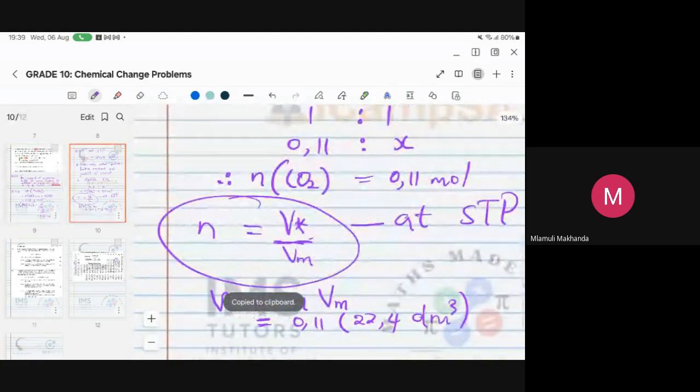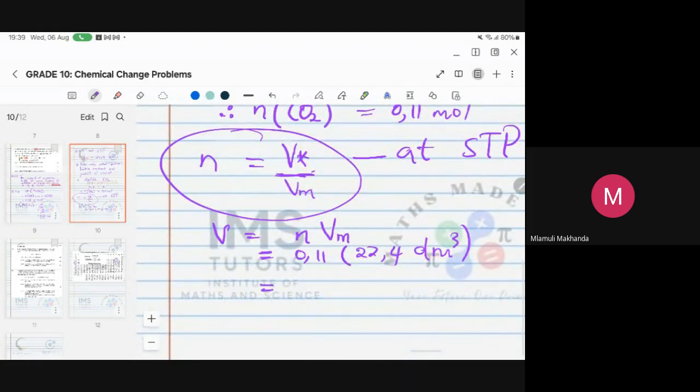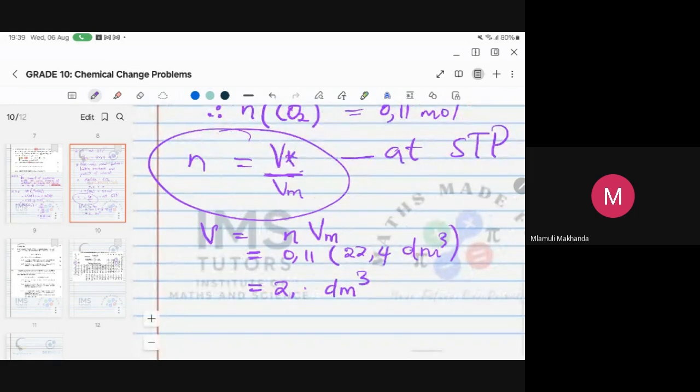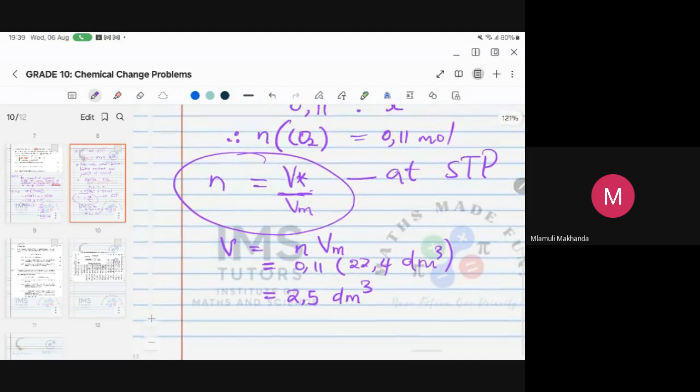So what does this give us? 0.11 times 22.4 gives us 2.5 cubic decimeters. So this is the volume that the gas occupies at STP.